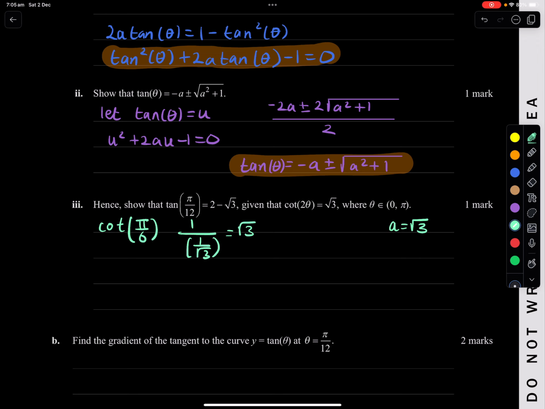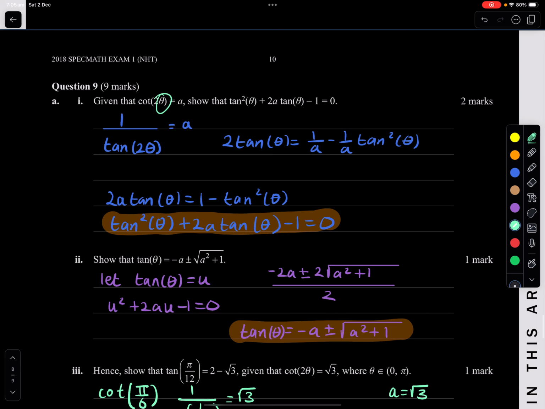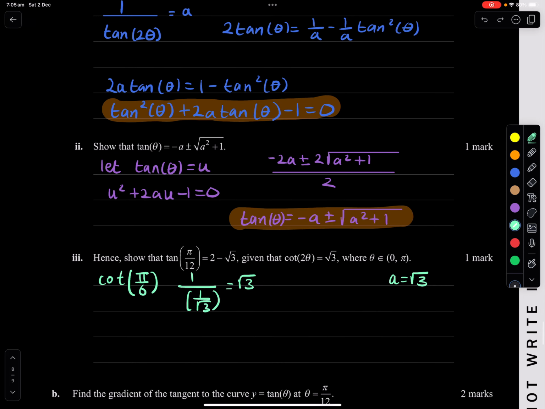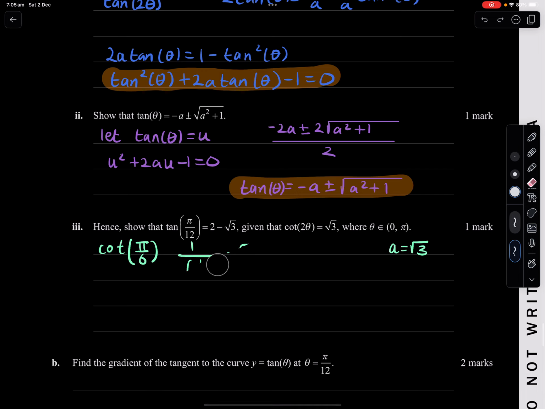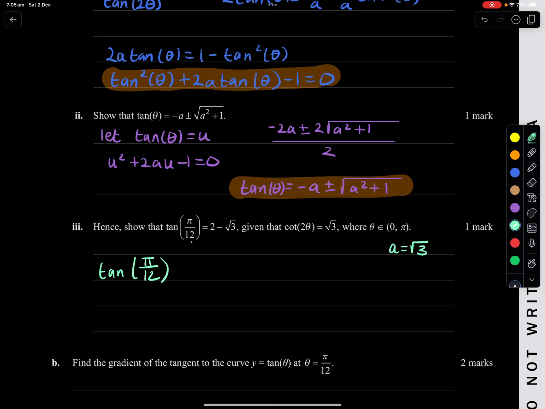That's great. So we now have theta, and can use this expression to calculate tan of pi over 12. So negative a, well, our a value is root 3 now. So negative root 3 plus or minus the square root of root 3 squared, which is 3, plus 1, which is 4. The square root of 4 is 2.